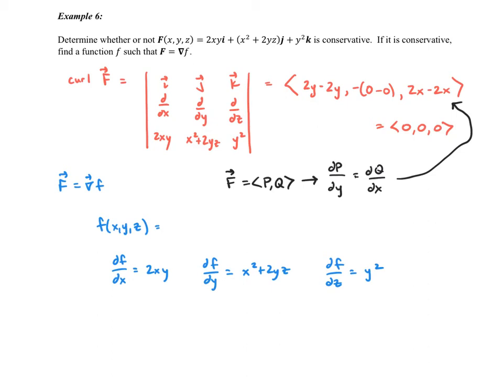Our strategy here is that we start with the first one, 2xy, and we take the antiderivative with respect to x. That's going to be x squared y. Then we test that against the next partial derivative. If we're looking at our second partial derivative, x squared plus 2yz, let's see if we get that.